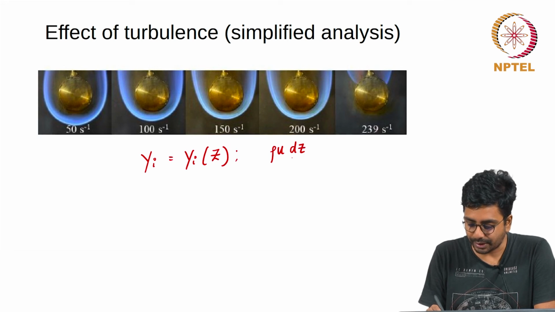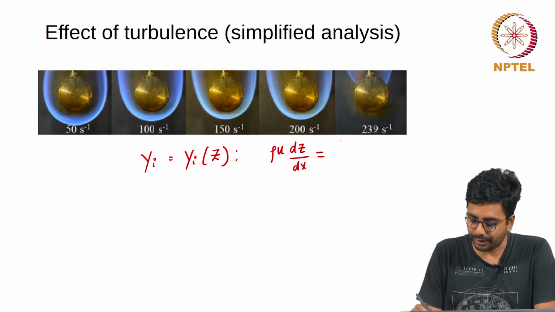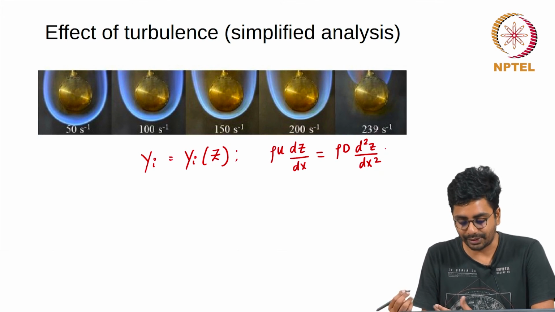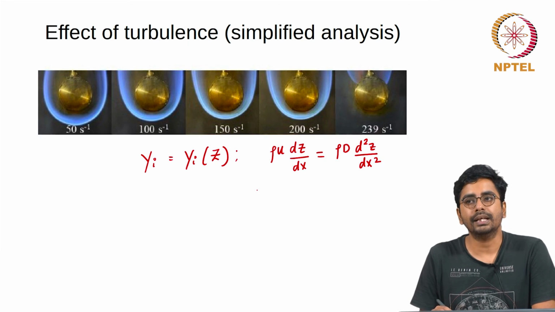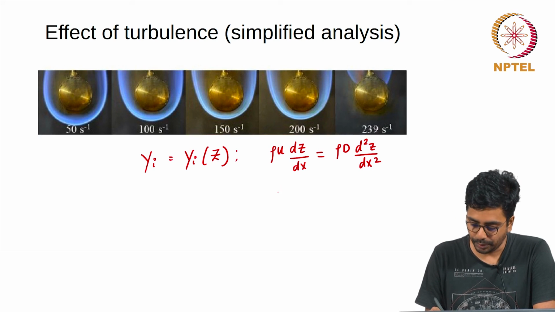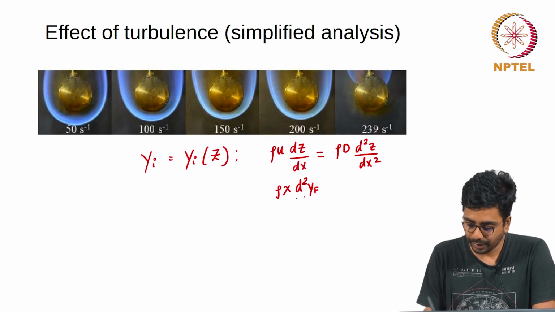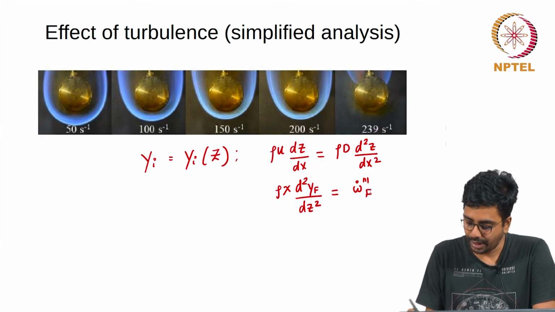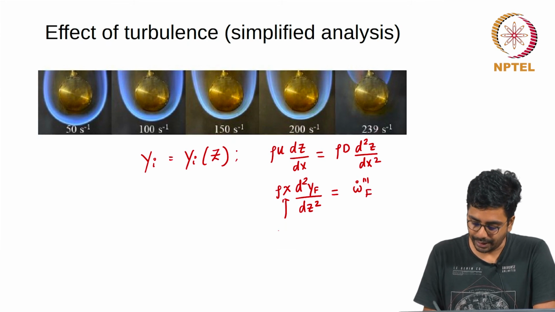In a simple one dimensional example, the mixture fraction itself is governed by a convection diffusion balance without a source term, and that is why it is a conserved scalar. The reaction rate can be related to the scalar dissipation rate: rho chi d squared f by dz squared is equal to omega dot triple dash f. Chi is the scalar dissipation rate.